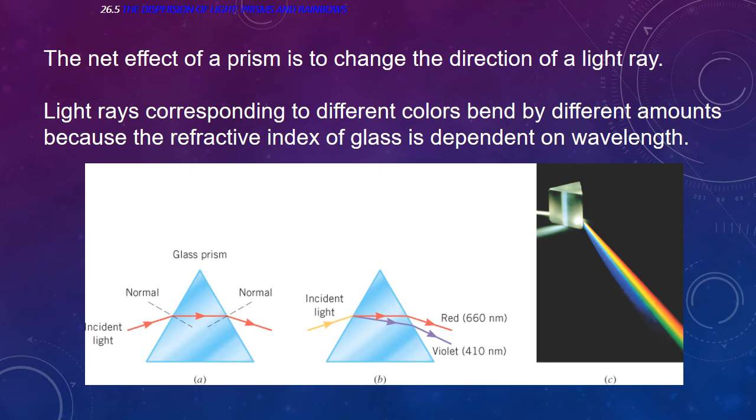But when that light strikes a surface that changes the speed of light, it will affect the speed differently for different wavelengths. And because of that, different wavelengths get refracted differently. So light rays corresponding to different colors bend by different amounts because the refractive index of glass is dependent upon wavelength. Different wavelengths will bend differently.